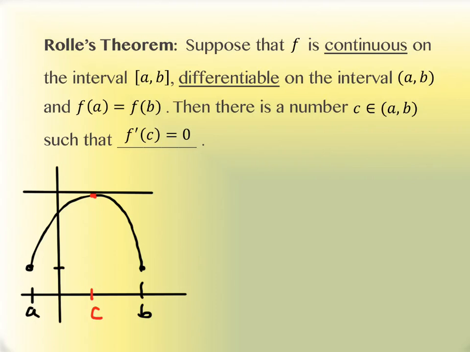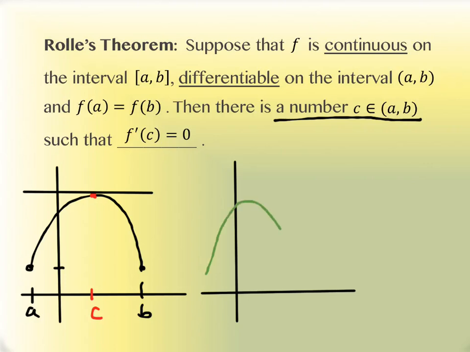Now, notice it says there is a number that does this. You kind of think they're saying there's one number, but it could be more than one value. Let's say, for instance, that the graph looked like this. We'll call this particular point A, and if I drew it well, that point is at the same height as B. How many slopes of 0 do you see? 2.